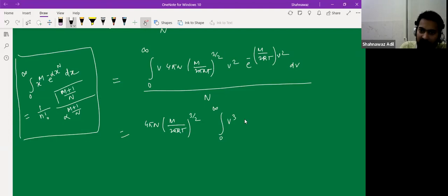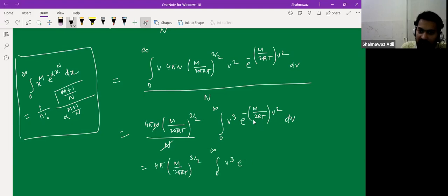And then this integral will be what? v cube, e to the power minus m by 2 RT v square, dv. This is the integral, and your n is here, so n cancels. So 4 pi, m by 2 pi RT to the power 3 by 2, integral 0 to infinity v cube e to the power minus alpha v square dv.